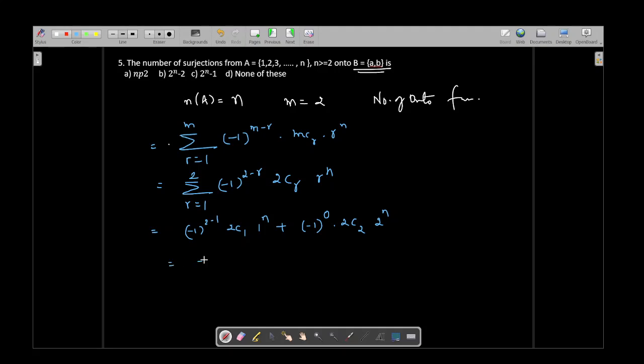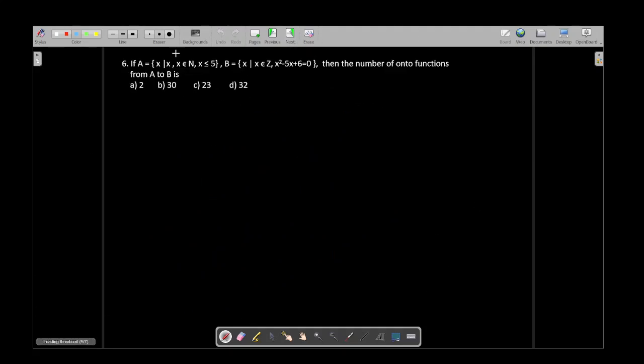So this is minus 1 power 1, 2C1 is 2, 1 power n is 1, minus 1 power 0 is 1 plus 2C2 is 1, 2 power n. So here I'll get minus 2, here I'll get 2 power n. So answer is 2 power n minus 2. So option is this. Next problem.